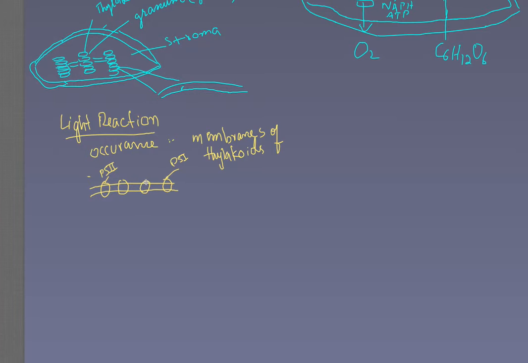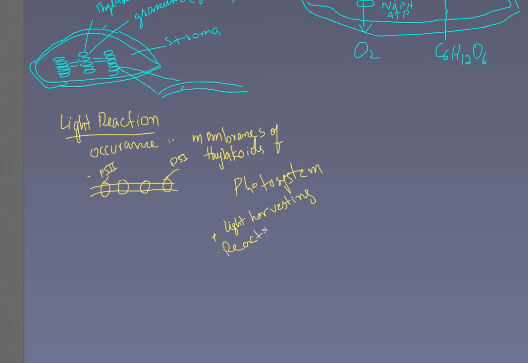I'm continuously using the words complex structure because there's a specific word for these two things, and it's called a photosystem. So what is a photosystem? A photosystem consists of light harvesting molecules, a light harvesting complex, and a reaction center complex.